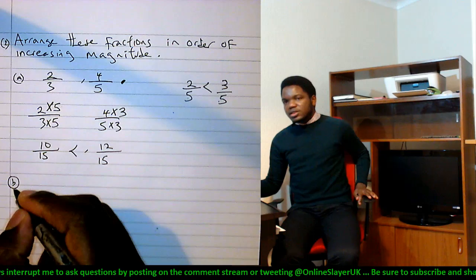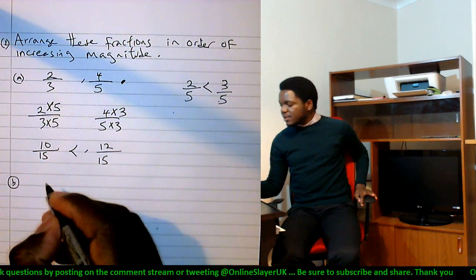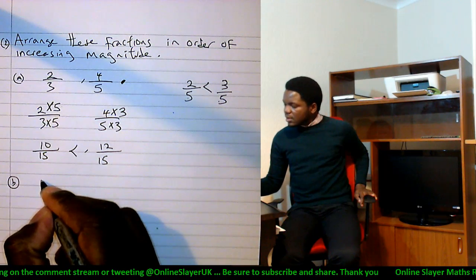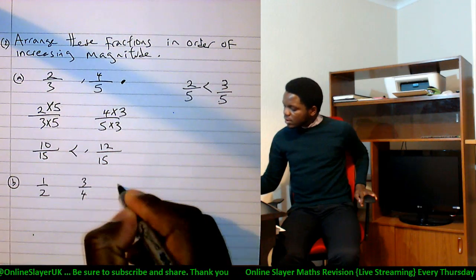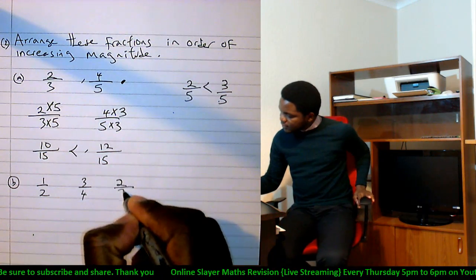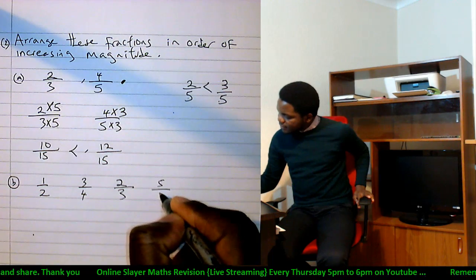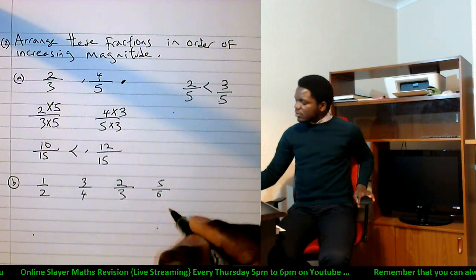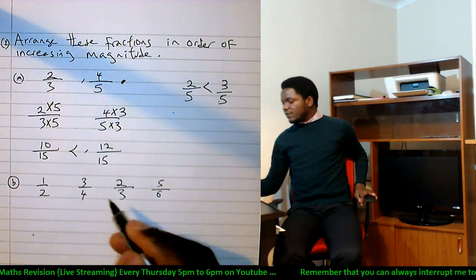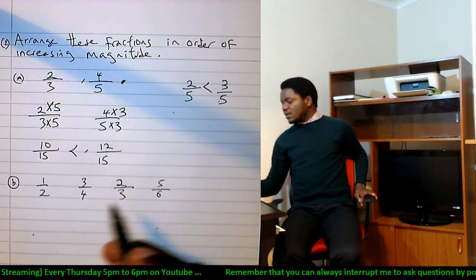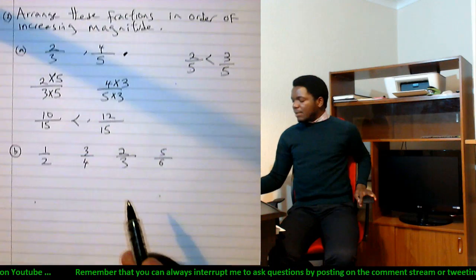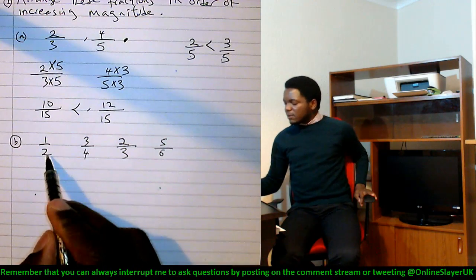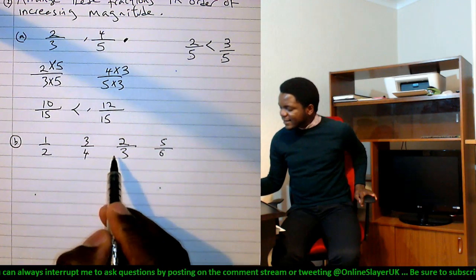Now, a tricky question will be, what if I've got many numbers like 1 over 2, 3 over 4, 2 over 3, 5 over 6, and I'm told to compare in order of increasing order, which is bigger than which? Am I going to do the same thing like multiply 2 by 4 and 3 and 6?